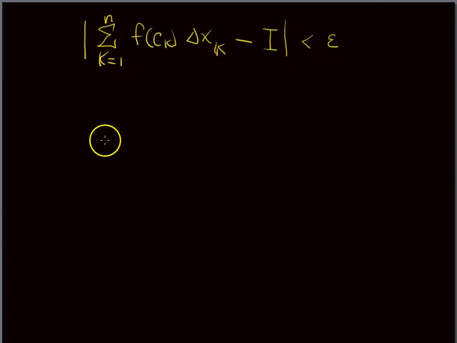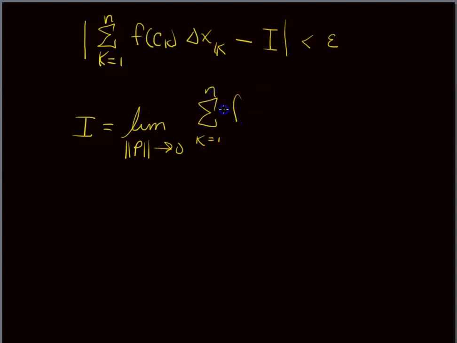We write this I, which is the same as that limit as the norm of the partition P goes to 0 of the summation, same old summation, k equals 1 to n of f of c sub k times delta x sub k.